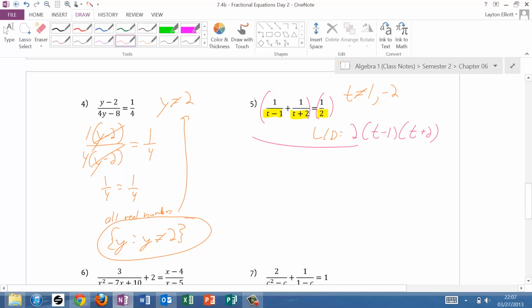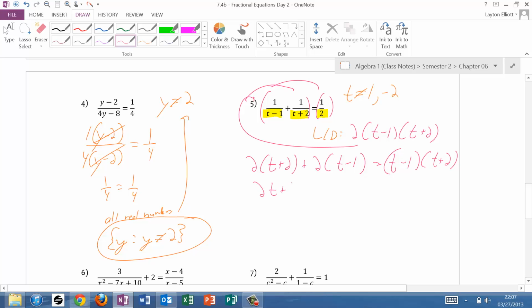Multiply it by the left and right sides. You're going to get what's missing. So we have 2 times t plus 2 for the first fraction. For the second one, the t plus 2's are going to cancel, and you have 2 times t minus 1. And for the right side of the equation, we have the 2's canceling, and I'm left with t minus 1 times t plus 2. You now have to simplify all of that.